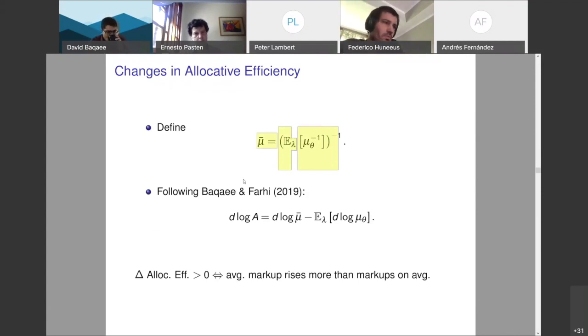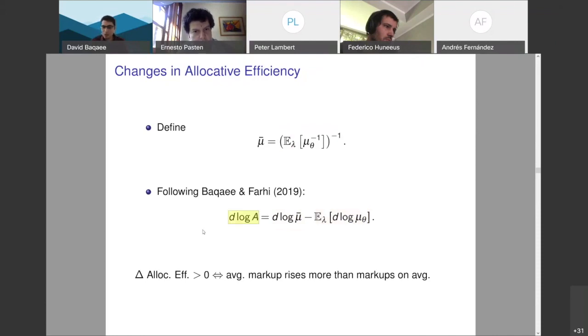Now, in previous work with Emmanuel, we showed that in general, the way you can track movements in aggregate productivity is by comparing the change in the average markup to the average change in the markup. So if you're in an environment where the average markup is going up, but markups on average are not going up, that means productivity is increasing.